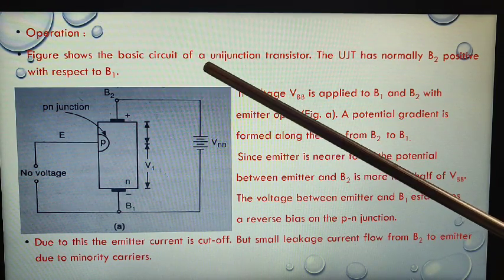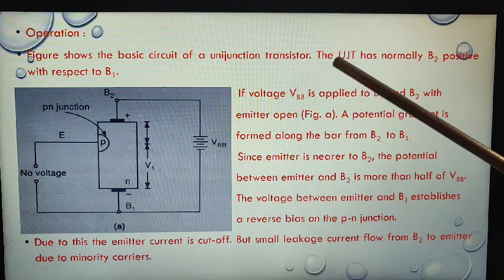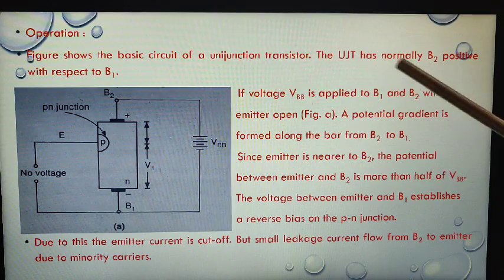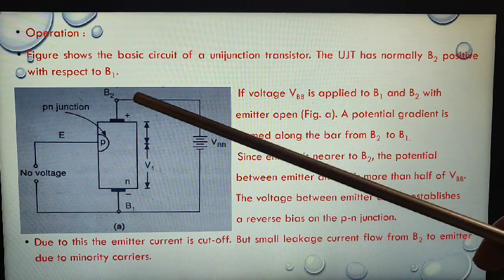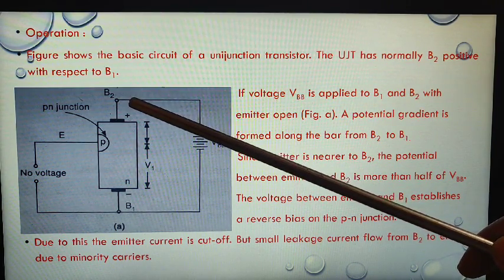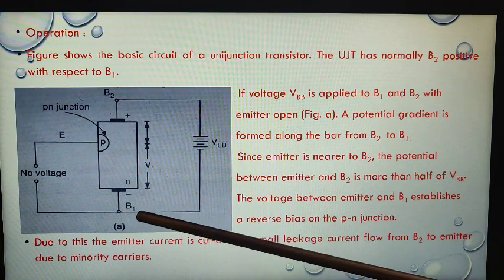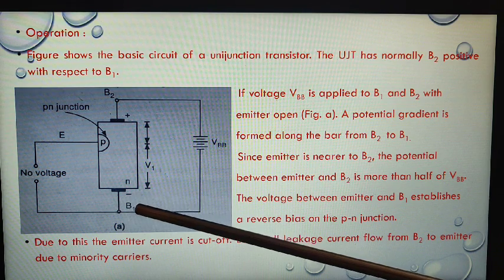The figure shows the basic circuit of a unijunction transistor. The UJT normally has B2 positive with respect to B1. So base B2 is always positive with respect to base B1. That means base B1 is connected to the negative terminal of the battery.